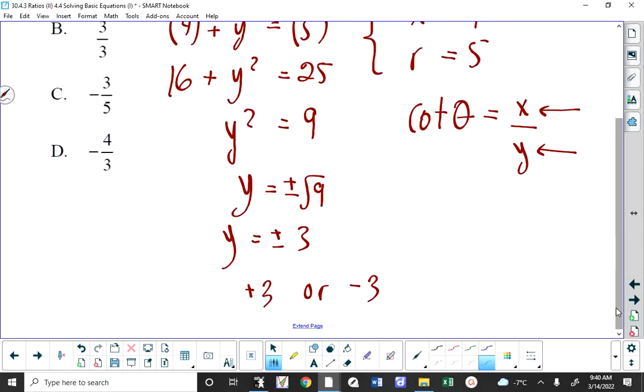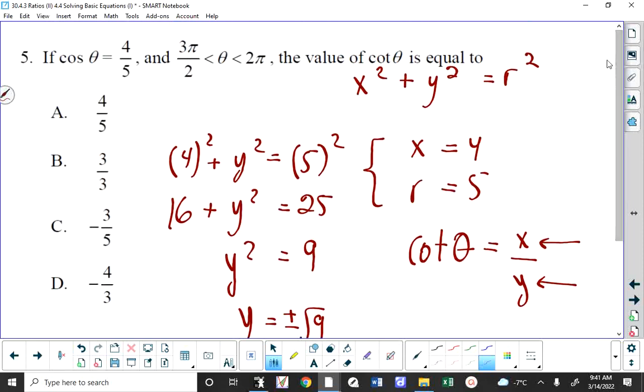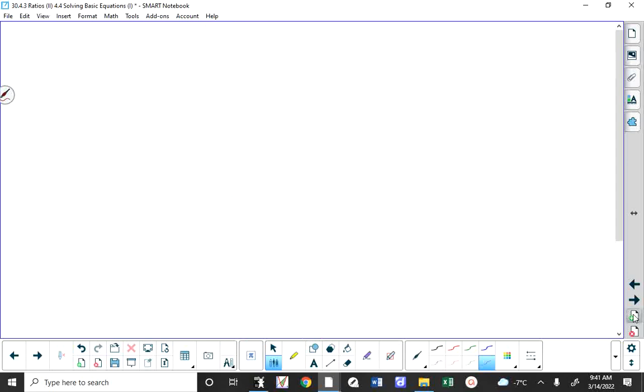And now we need to look through a magnifying glass at this question and the information to find out where the terminal arm is. If the terminal arm is in either quadrant 1 or quadrant 2 up here, then y will be positive, and if the terminal arm is below the x-axis in 3 or 4, y will be negative. So what does this mean? Well, 3 pi over 2 is less than theta, which is less than 2 pi.